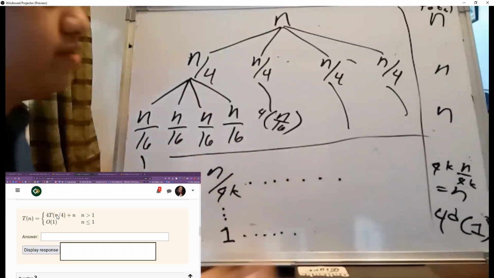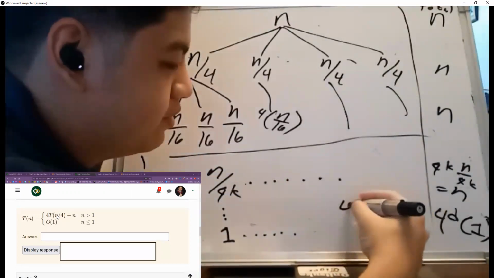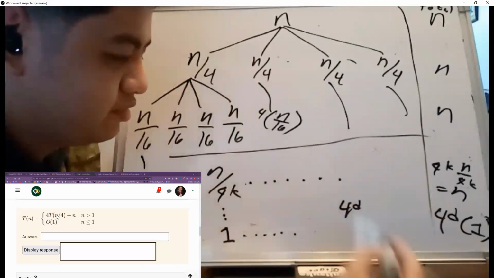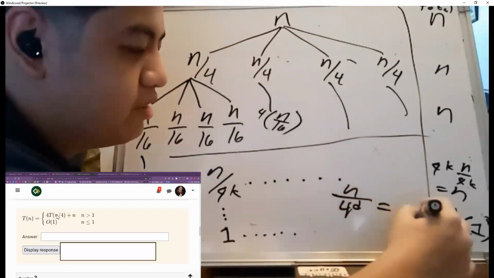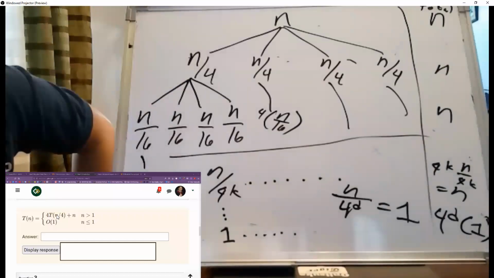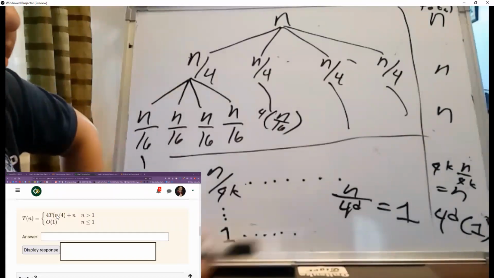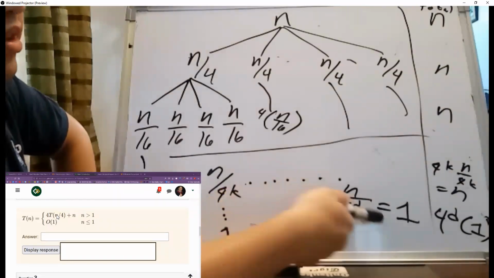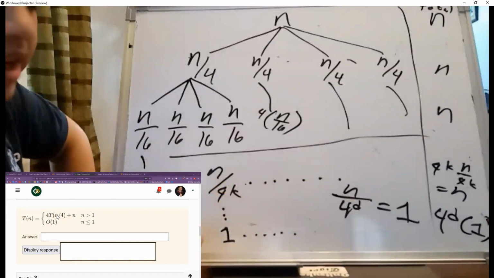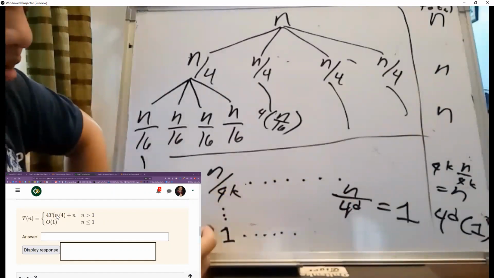So, dapat yung n divided by 4 to the d natin will be equal to 1. So, after 4 to the d na divisions, si n mag-approximate siya kay 1. Kaya tayo makakarating dun sa base case niya over here.